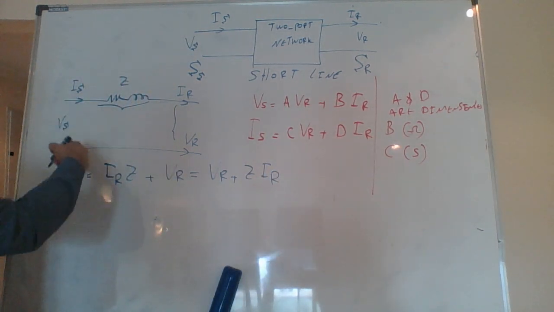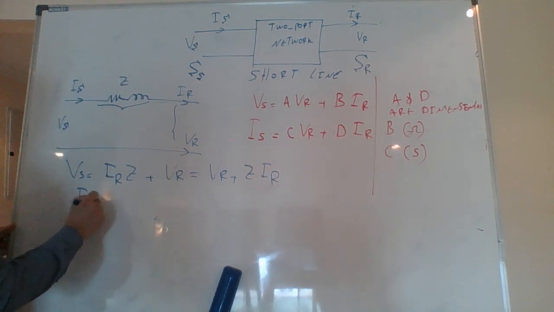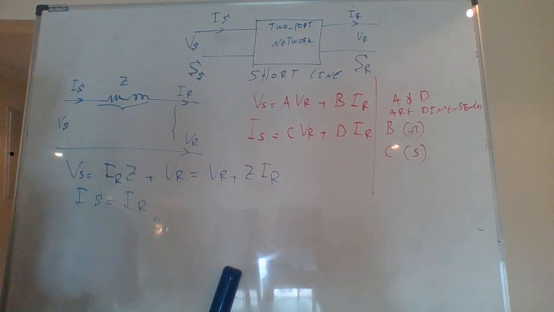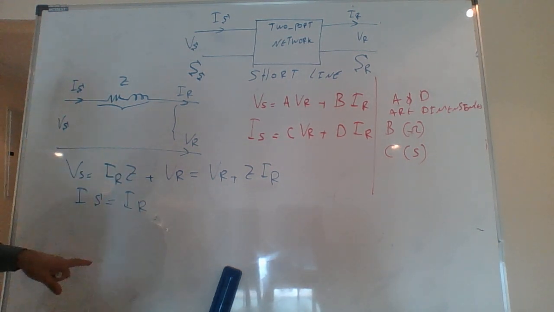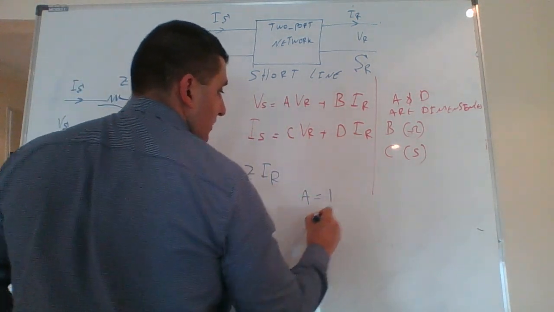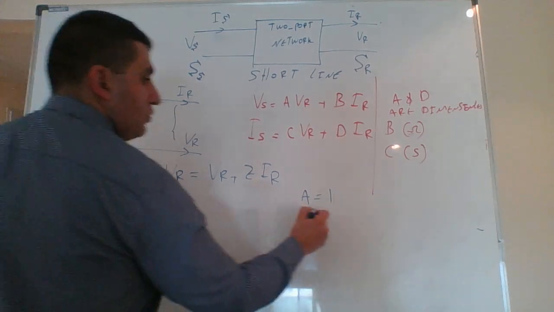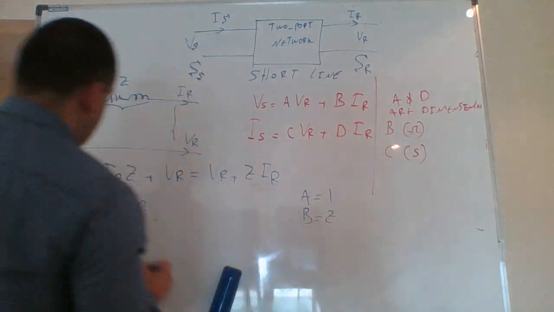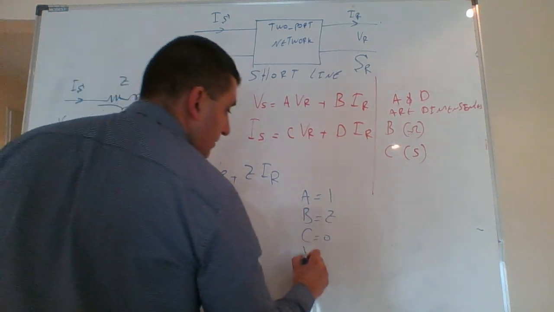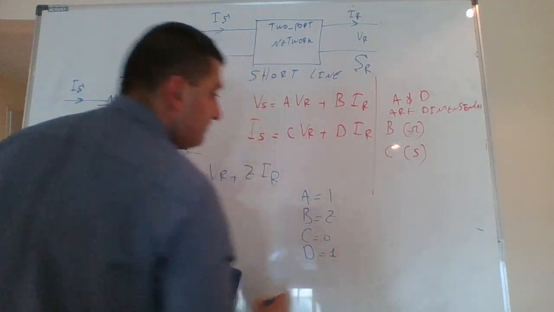I have no shunt components, therefore Is is equal to IR. Based on this system, I can straight away say that A is 1, B is equal to Z, C is 0, and D is 1.